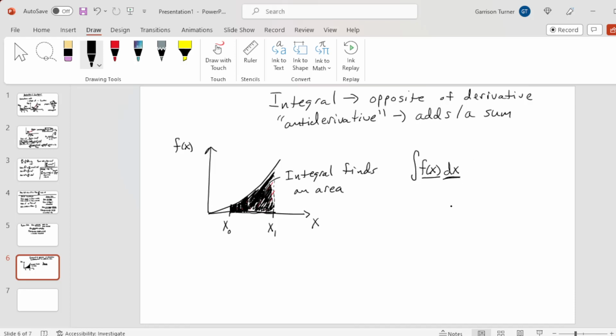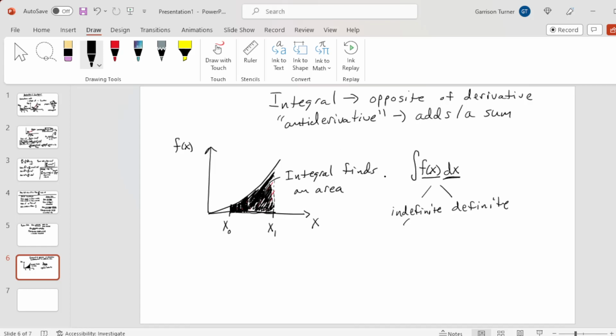And so what this means is we have two types of integrals. We have an indefinite integral, and we have a definite integral. An indefinite integral means there are no limits, no x0 and x1 that you're taking the integral with respect to.